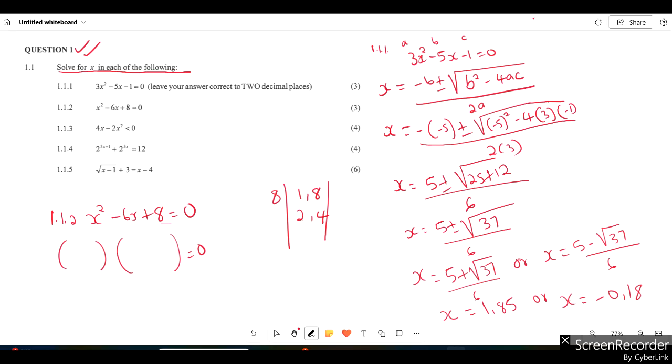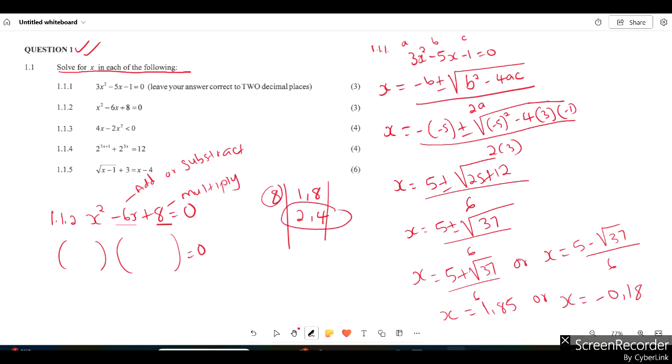When I multiply them, they must give me this 8, this C. And then when I add or subtract, they must give me this, they must give me B. But when I multiply the very same numbers, they must give me 8. What are those two numbers?